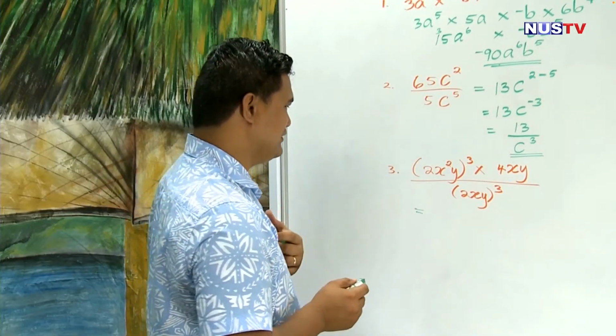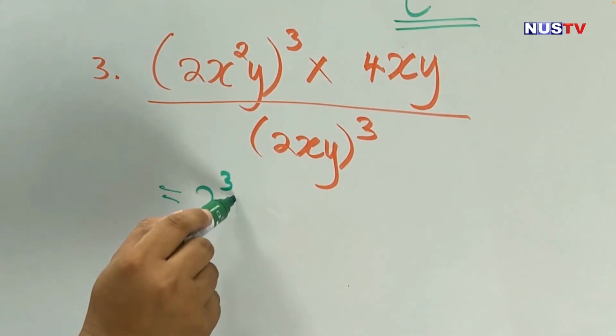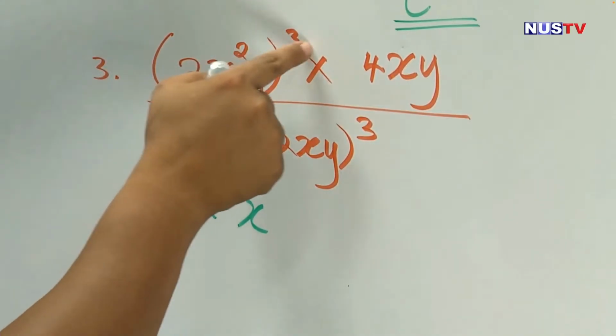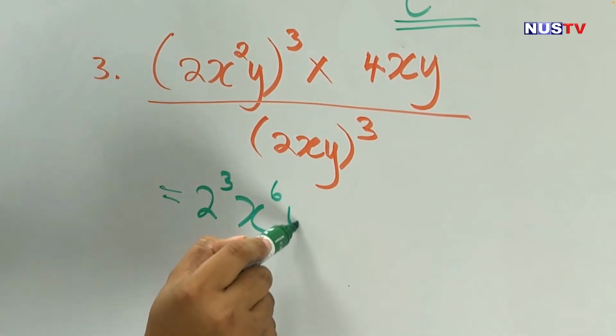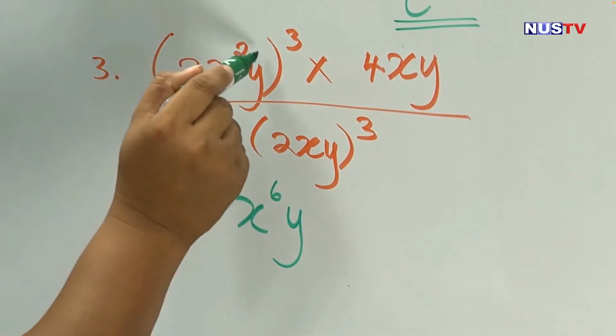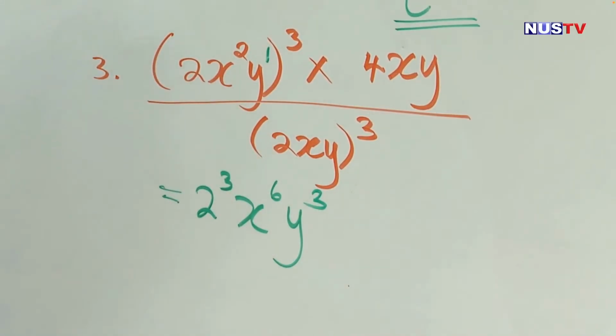So the top part, let's have them in detail. This 2 will be 2 to the power of 3, x to the power of 2 times 3, which is 6, and then y to the power of 1. Remember, there is a 1 here. 1 times 3 is equal to 3.